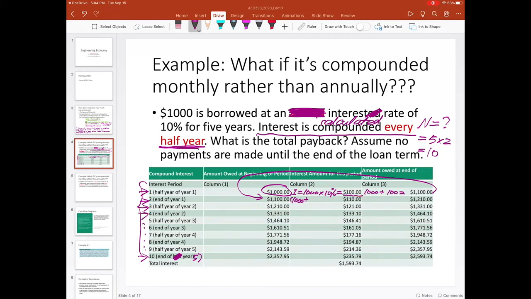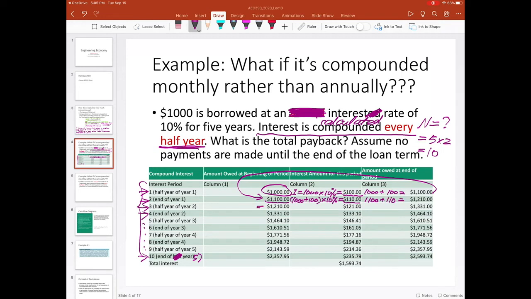And here you only have this as your previous interest, so that's your new base, times 10%. Okay, and then the new amount you owe at the end of the second period will be the amount you owe at the beginning, 1100, plus the new interest in this period, 110.